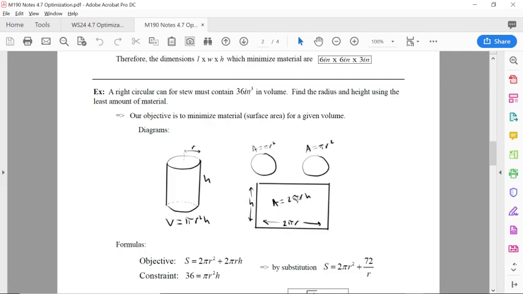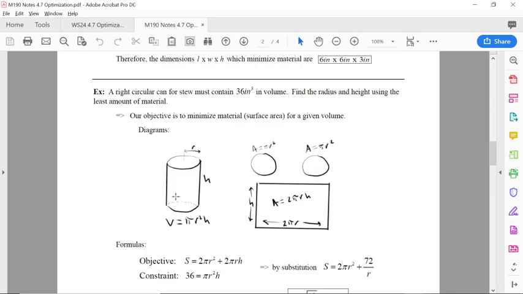So this gives us a rectangle and two circles. We want to find the radius and the height using the least amount of material. Again, we are trying to minimize the surface area, so we want to know the total area for constructing this can, with the constraint that we have 36 inches cubed in volume.